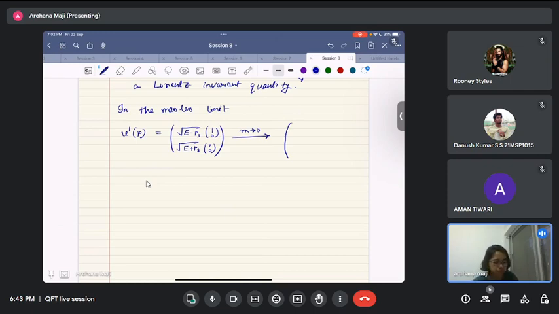E will become equal to p3. So we get 0 0 square root of 2E 1 0.